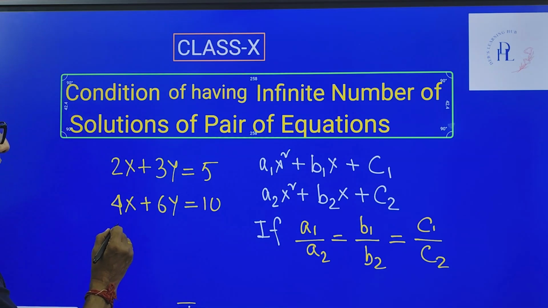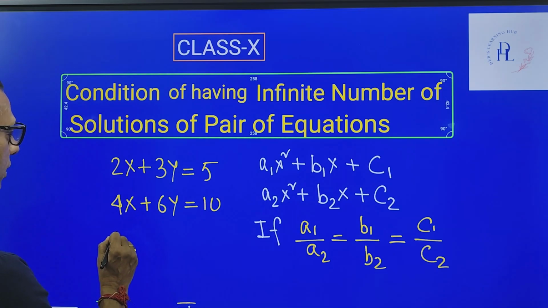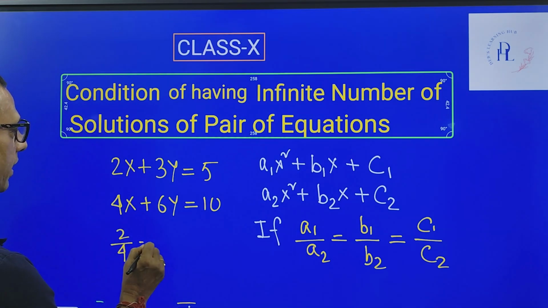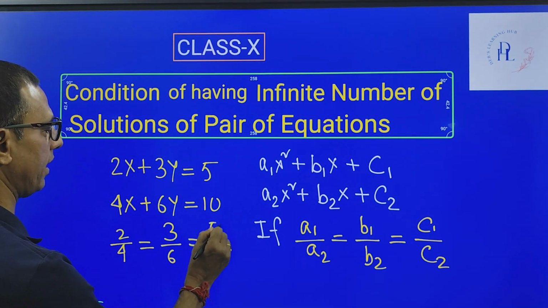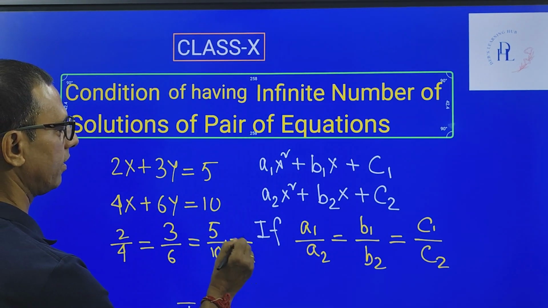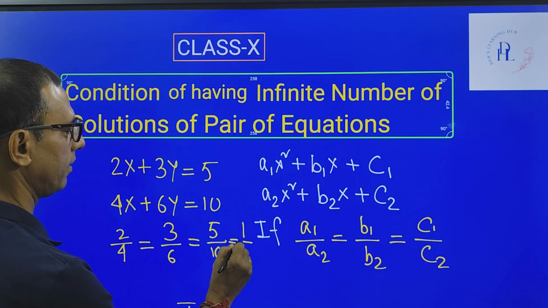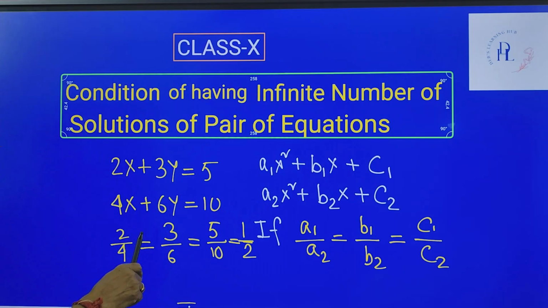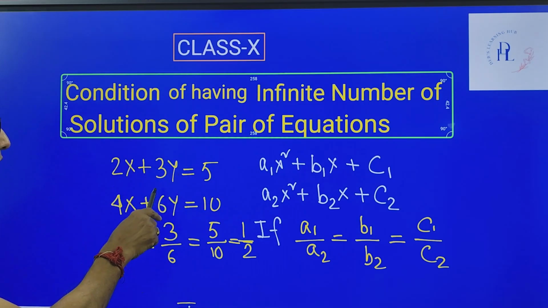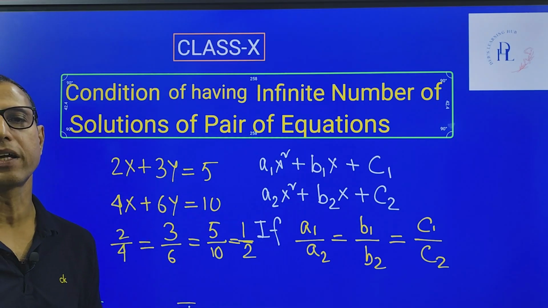So in that case what is going to happen? If I take the ratio of the coefficients, so it is 2 by 4, that is equals to 3 by 6, that is equals to 5 by 10, and that is the least fraction half. So in this case both of these equations can have infinite number of solutions.